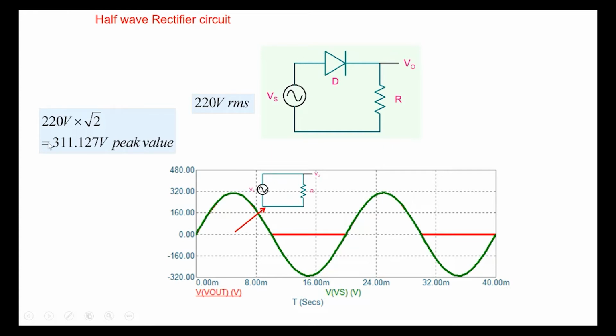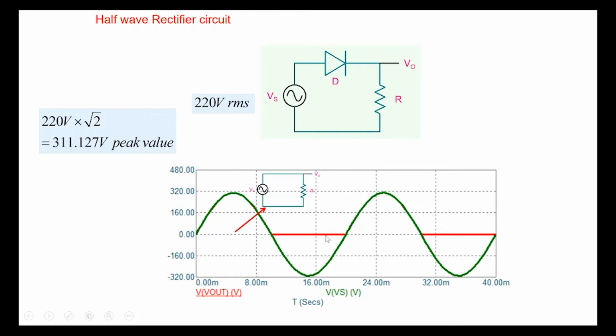Note that the value is 311.127 here, so very high. The diode drop may be 0.7, 0.8 or so. So as a simple model, we have neglected that and assumed the diode to be like a short. And so in the positive cycle, this is how the circuit is, and that's why V0 is almost equal to Vs, which is what we see here. There is a drop across the diode, but we are not able to see it because it's small compared to the value of the voltage that we have here.